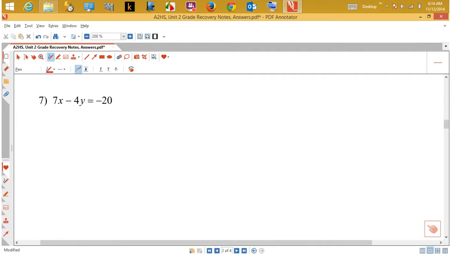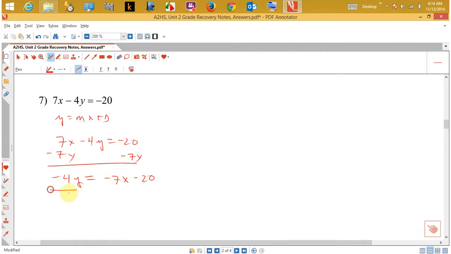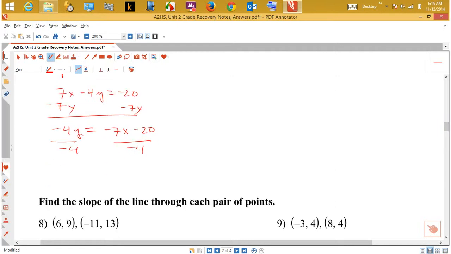Here's an equation that is in standard form, so to find the slope, let's put it in slope-intercept form. So we want to get it into the form y equals mx plus b. My first step would be to subtract the 7x from both sides. So I have negative 4y is equal to negative 7x minus 20. Now divide both sides by negative 4. Let's be careful here.